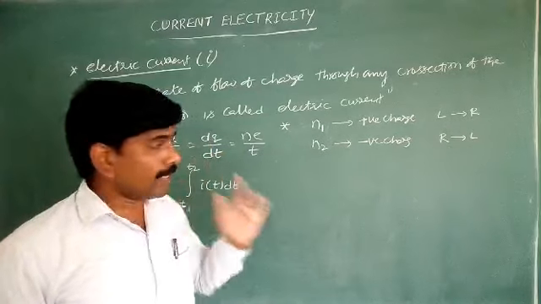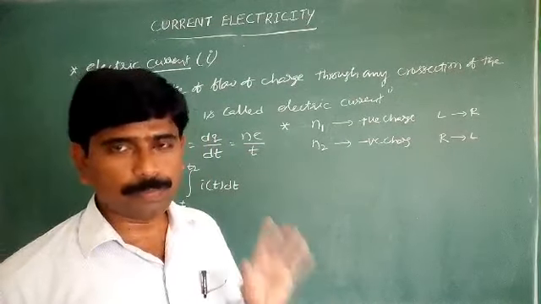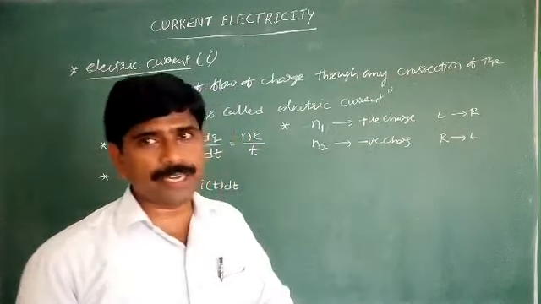Then what is the total current passing through that discharge tube, and in which direction?